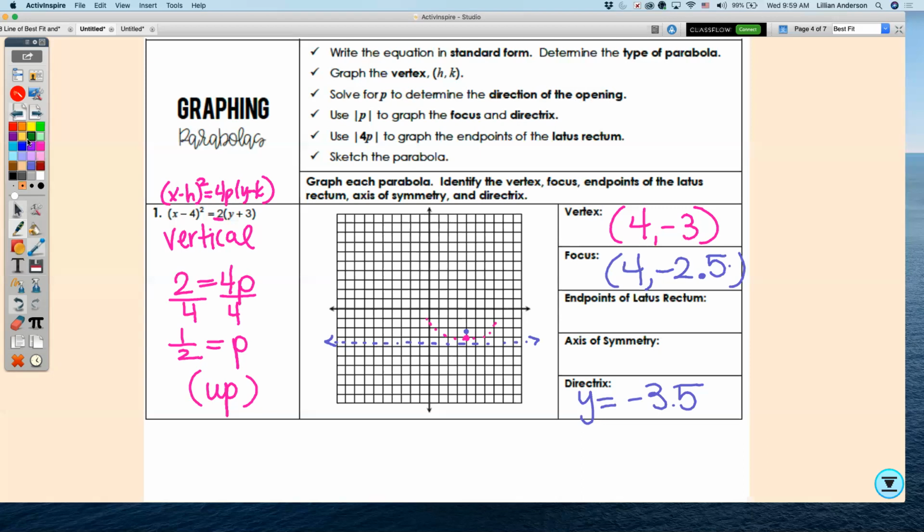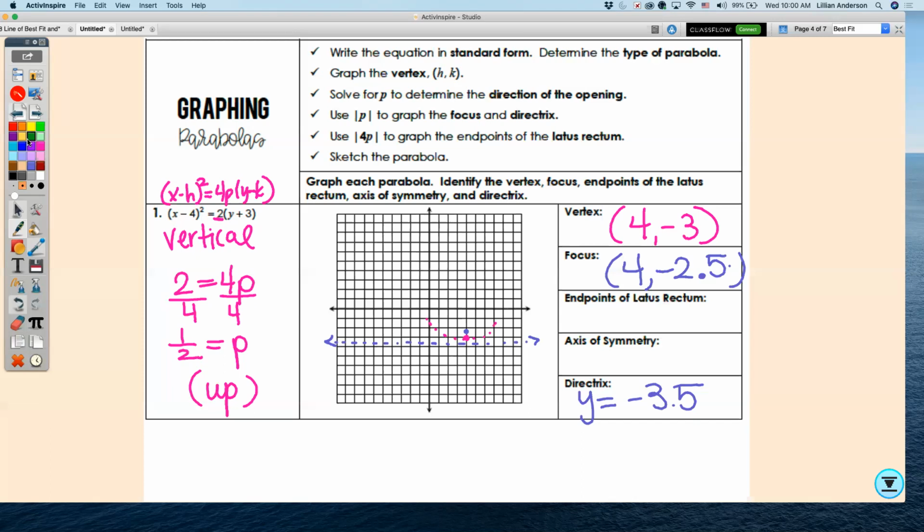Now we're going to use the absolute value of 4p to sketch the endpoints of the latus rectum, which means that 4p was equal to 2. That means from the focus, the edges of my parabola should be a total distance of 2 units away from each other, which means I essentially split 2 in half.